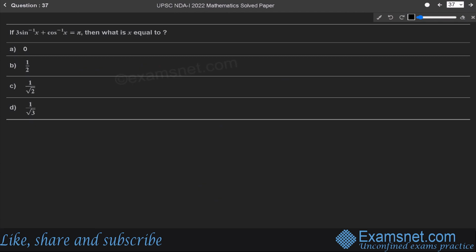Moving on to the next question. If 3 sin inverse x plus cos inverse x is equal to pi, then what is x equal to? We know a formula which is sin inverse x plus cos inverse x is equal to pi by 2.